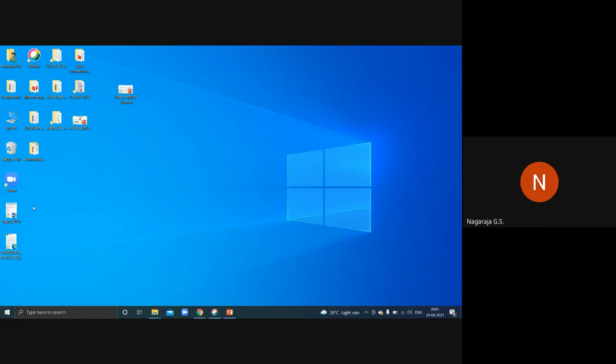What I'm trying to convey is that your business applications nowadays are always well connected with enterprise networks.